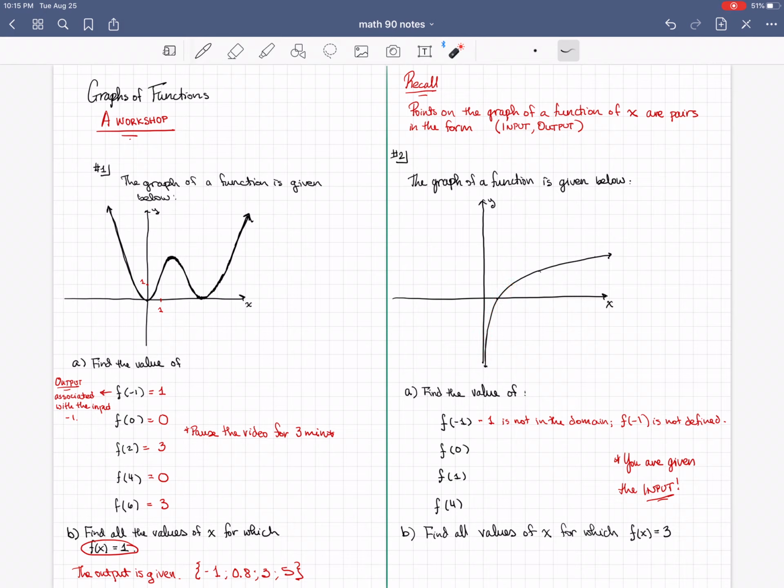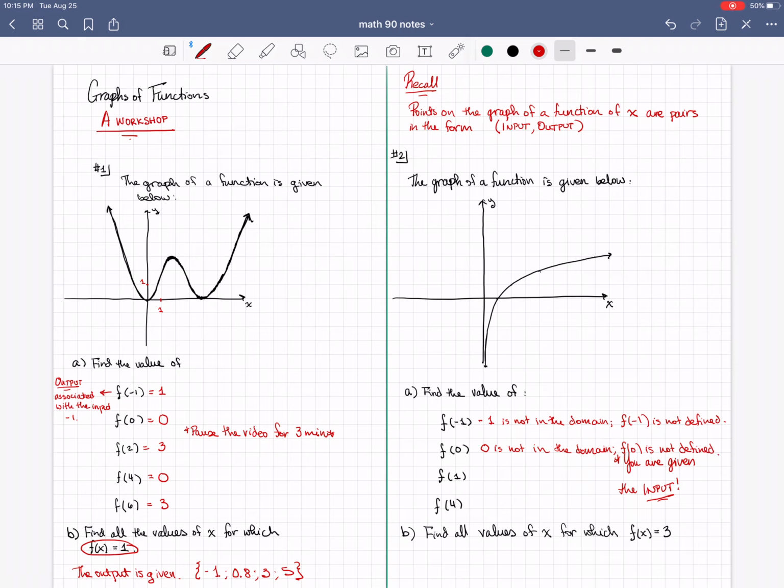This is actually called asymptotic behavior, and it's going to be a big deal for us later on. This is just a quick glimpse of it so that you see what it looks like. But once again, we see that 0 is also not in the domain. So once again, f of 0 is not defined.